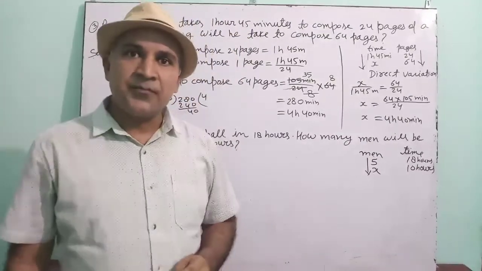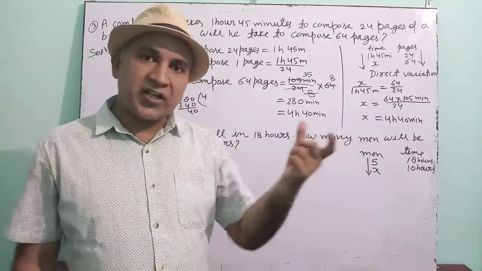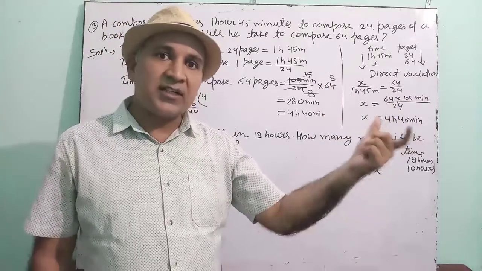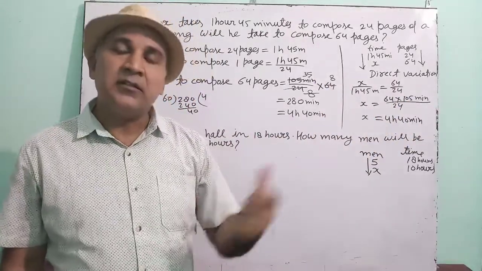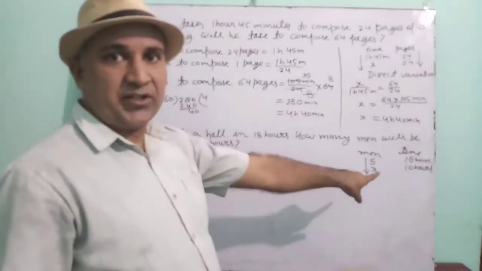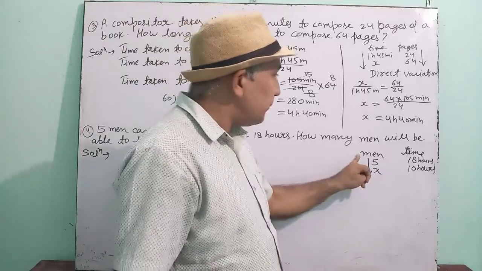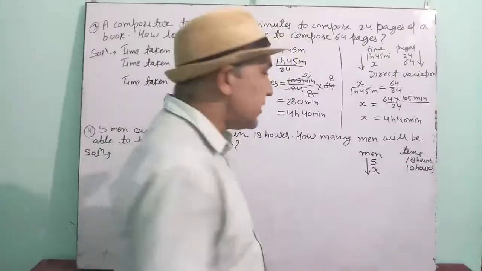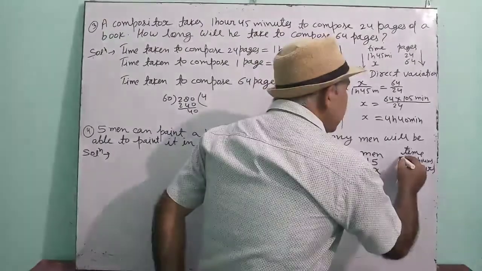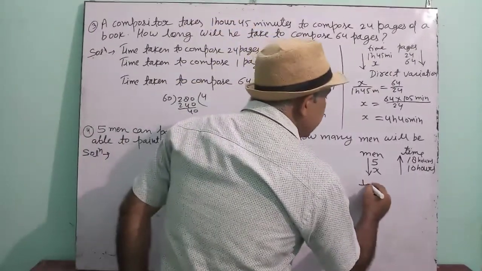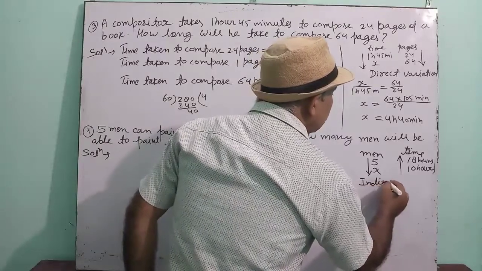Definitely fewer days. If the same work is done by 5 men, they will take more days, and if the same work is done by 10 men, they will take fewer days. Means there is indirect variation. Here the number of men will increase, then time will decrease. So here the arrow sign will be opposite because there is indirect variation.